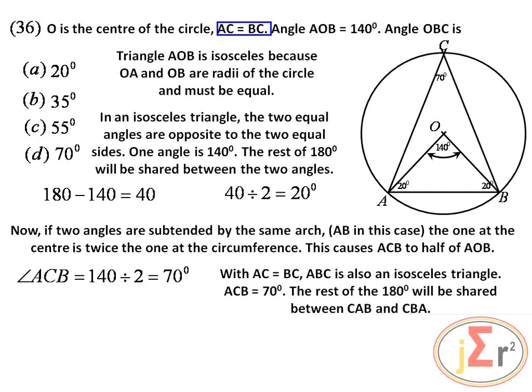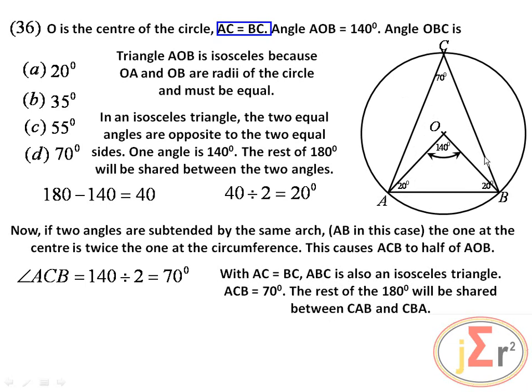ACB is equal to 70 degrees as we have discussed before. The rest of 180 degrees will be shared between CAB and CBA. So this is 70 degrees, and we have an isosceles triangle here, so the two angles that we have here and here are equal.